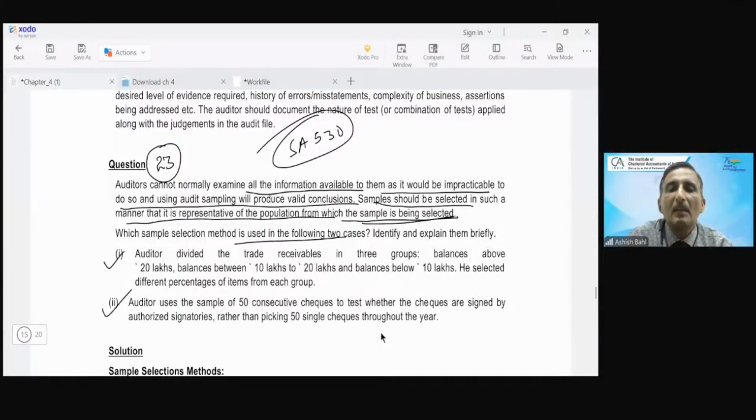So tell me which sampling method is used. The 2 situations are given to you.